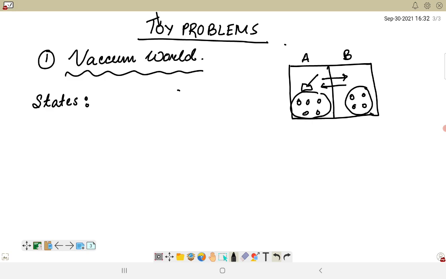First, let me describe the environment in the state. The agent has to be in one of two locations, either A or B, and each of which might or might not contain dirt. So there are 2 into 2 to the power 2, which is 8 possible world states.